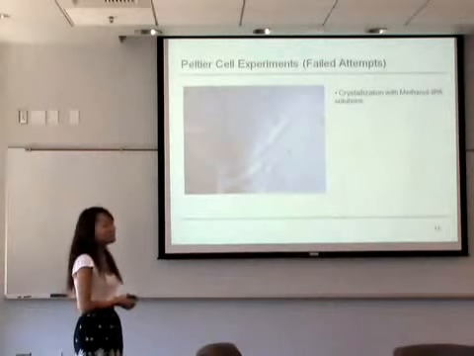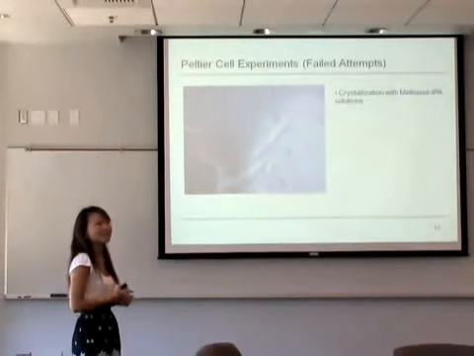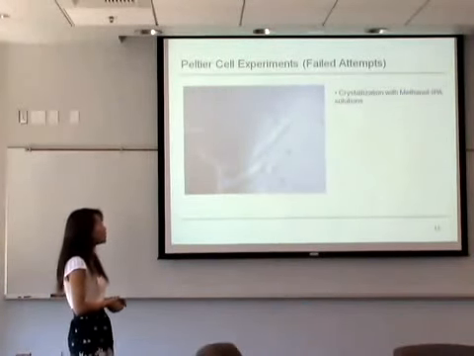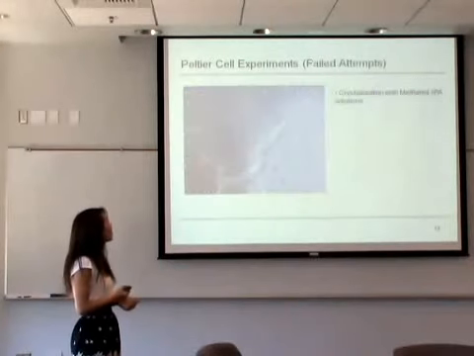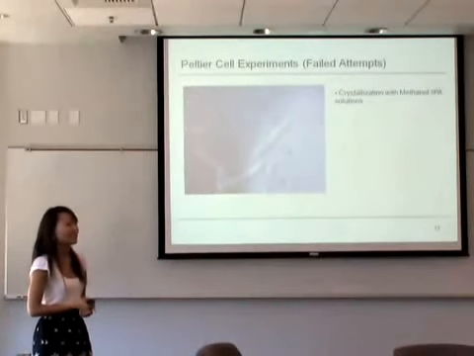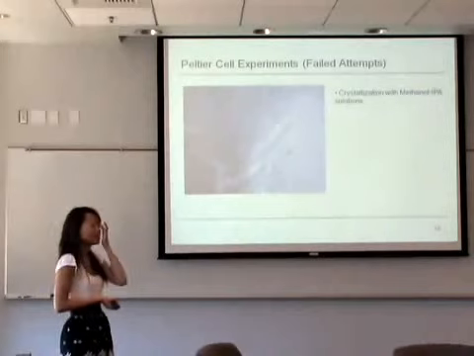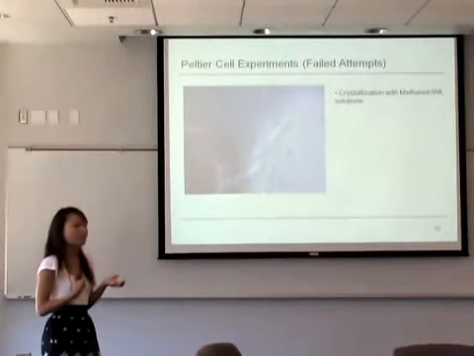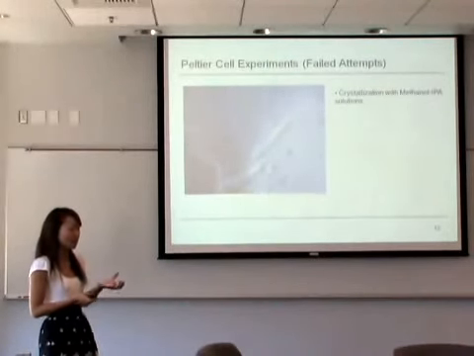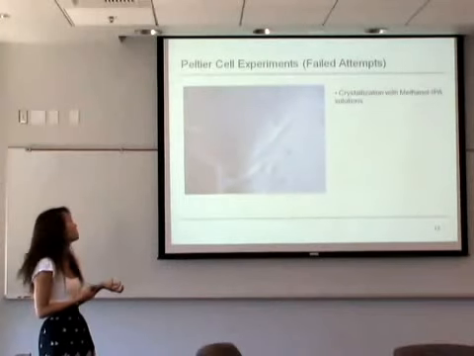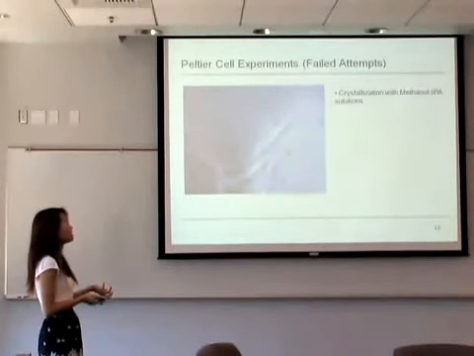I wanted to talk about some of my failed attempts, because at first, the solution that I was working on was a solvent mix of methanol and IPA, and because of that, I couldn't grow any decent-looking crystals.